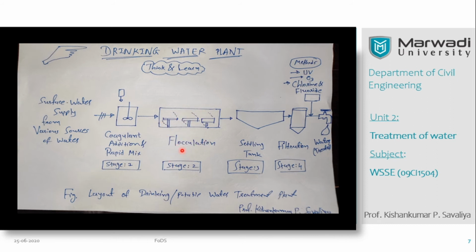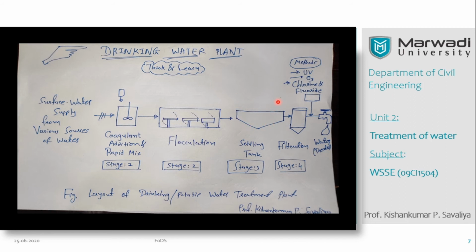Why are we doing this process? Because after the rapid mix, we need to give time to all the coagulants to form bigger particles. In the first stage, slightly smaller coagulant is there. In the second stage, we have bigger coagulant. In stage 3, this is a simple tank. You can see the shape of the tank: the bottom is very thin, and the upper portion is very wide.